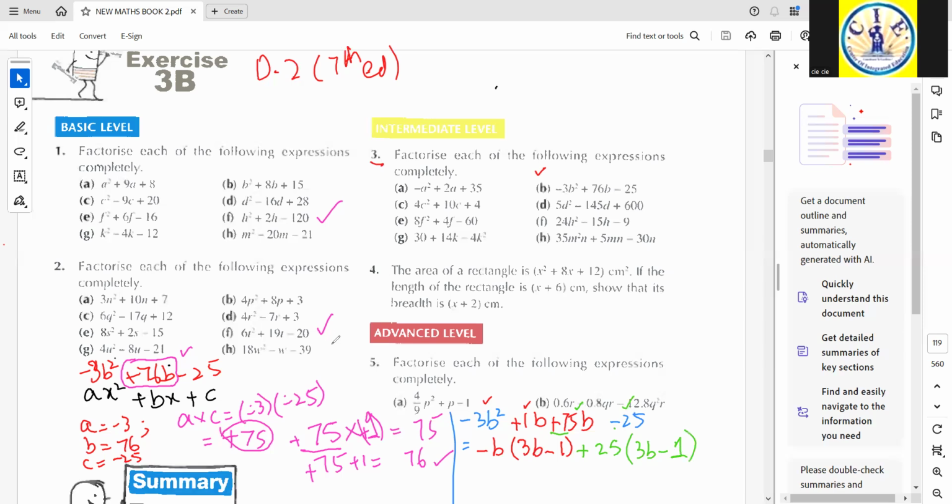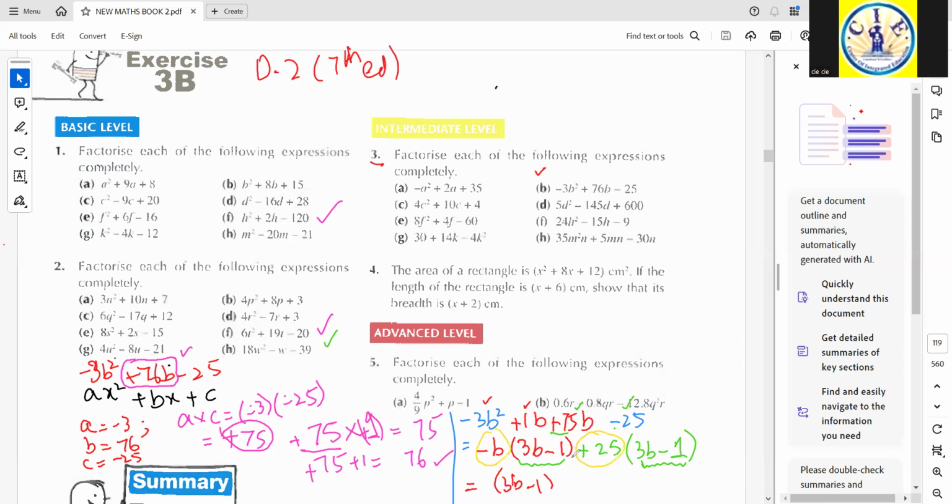Now, as we discussed this thing also in question number 2 and 1 also, that if your answer is going to be correct, that means you would be having a common factor in these two terms. So that's what we have got in this case also. So it would be 3b minus 1 taken as a common factor, and negative b remained from this, and positive 25 from this.